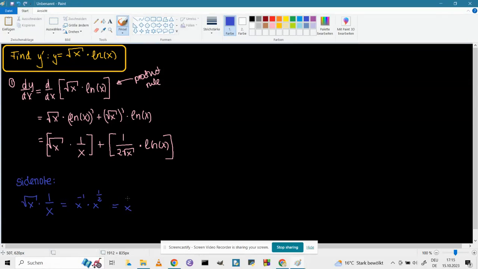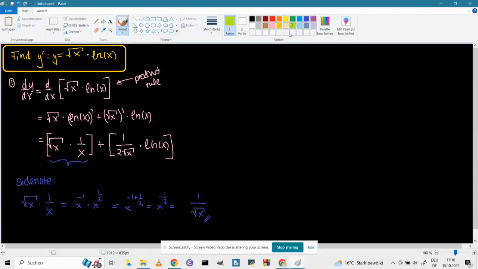So we're actually having a negative 1 plus 1/2 here, which means we're going to end up with x to the negative 1/2, and that equals 1 over x to the 1/2, which is 1 over the square root of x. So this is what we're doing right here, okay?